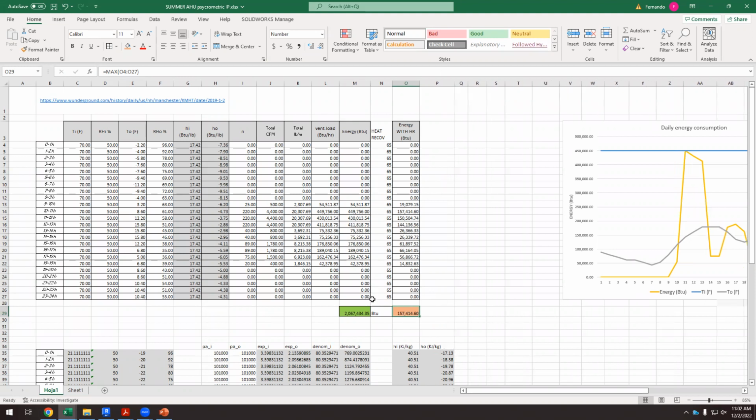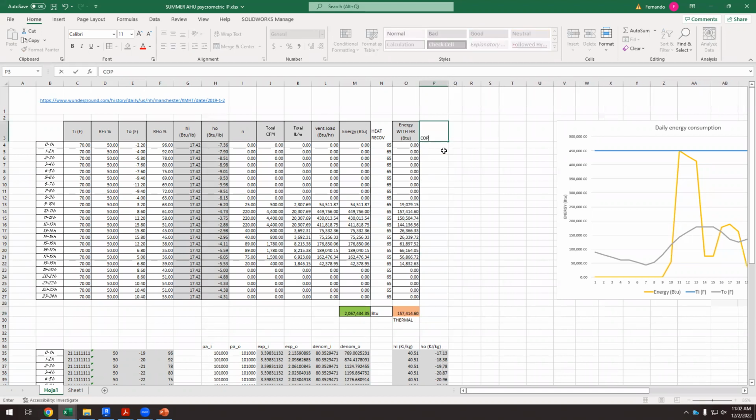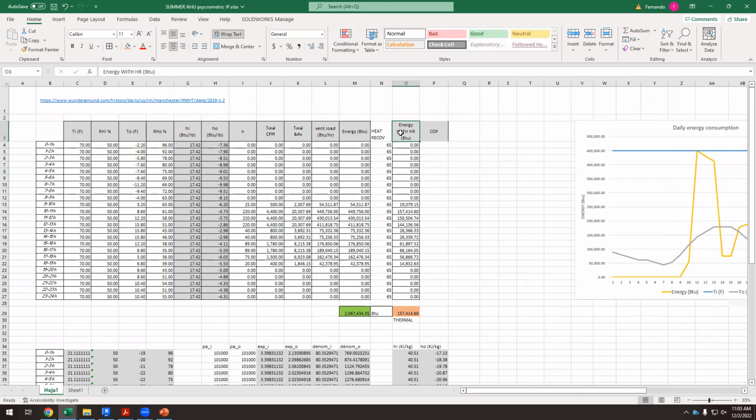But this is for thermal energy. So this is thermal. I told you that there's another coefficient, which is the COP, the coefficient of performance. So the coefficient of performance, if we want to turn this energy with heat recovery from BTU to kilowatt hour, I'm going to do it the other way around.